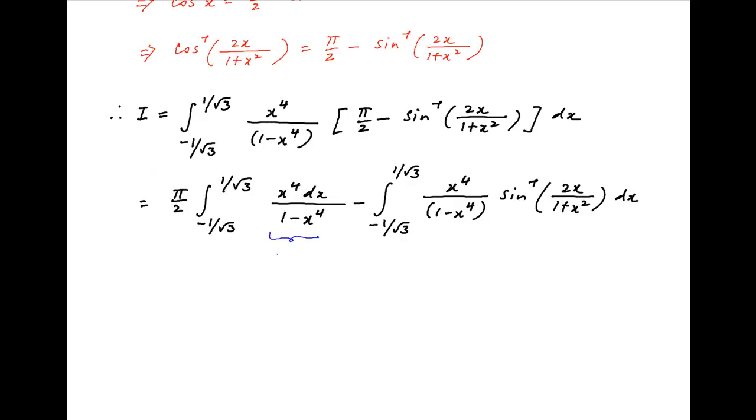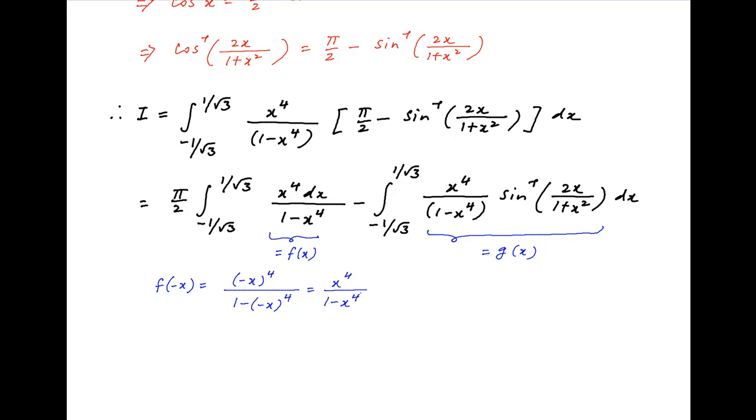Now let's denote the integrand of the first integral by f(x), and the integrand of the second integral by g(x). Now note that f of minus x is equal to minus x raised to the power 4 divided by 1 minus of minus x raised to the power 4, which is equal to x raised to the power 4 divided by 1 minus x raised to the power 4, which is equal to f(x).